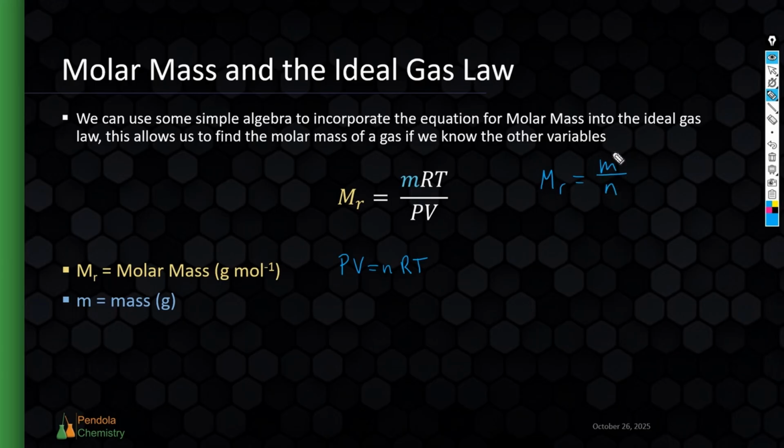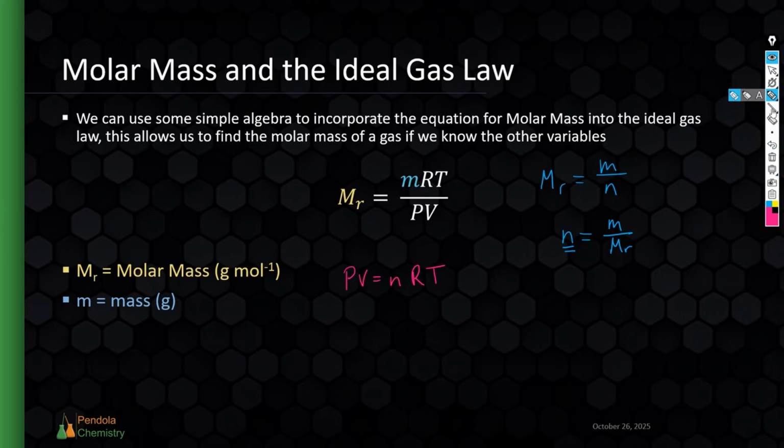Remember, molar mass is equal to grams per mole. So molar mass is equal to mass divided by moles. Well, if we rearrange this equation, we get that moles is equal to mass over molar mass. Since we have moles here, I'm going to use a different color. So PV equals RT.